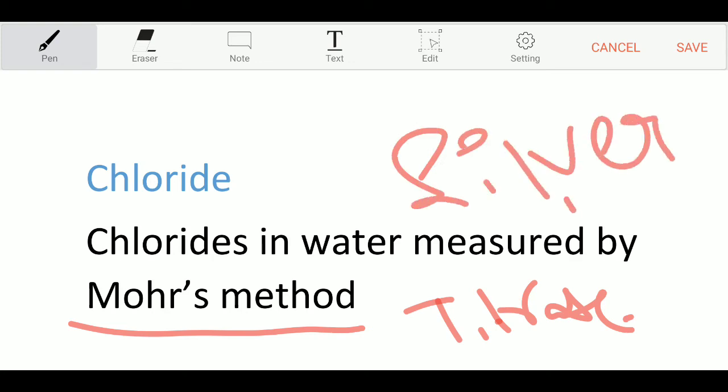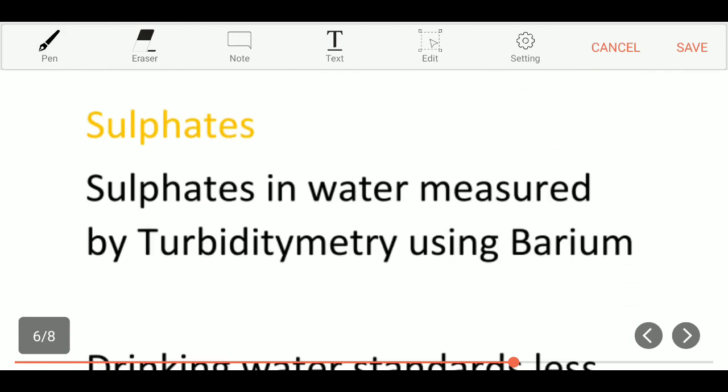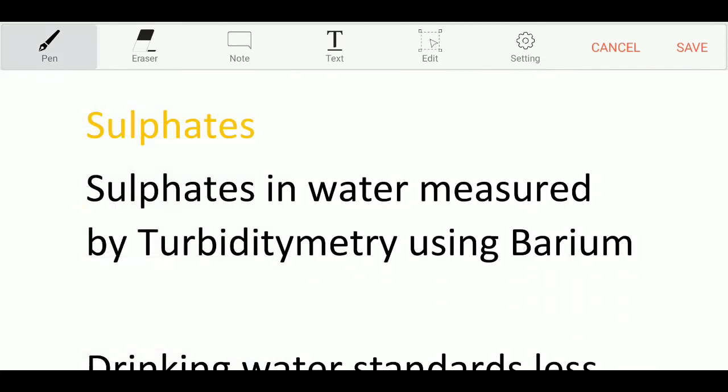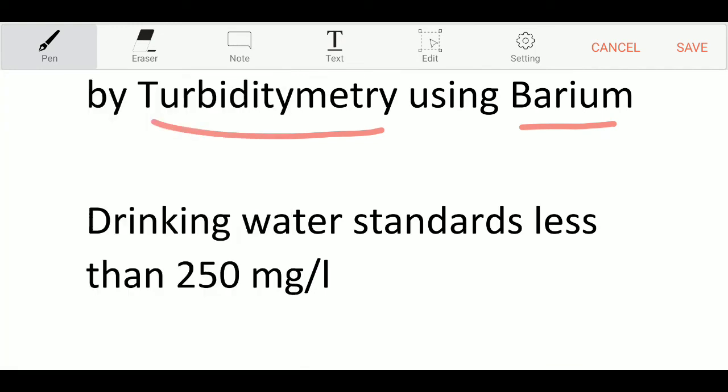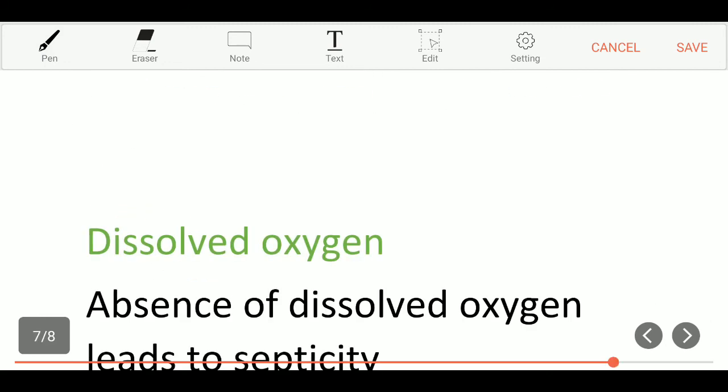It's one of the important bits. Its titrant is silver nitrate. Next one, sulfates in water are measured by a turbidity meter using barium, and the drinking water standards for chloride is less than 250 as well as sulfates is less than 250.